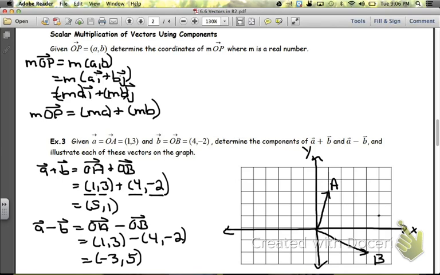So this vector right here is our A plus B. And if you can see here, if I were to translate that vector B up, this would also be our vector B. And then we can also graph our A minus B, which is (negative 3, 5).